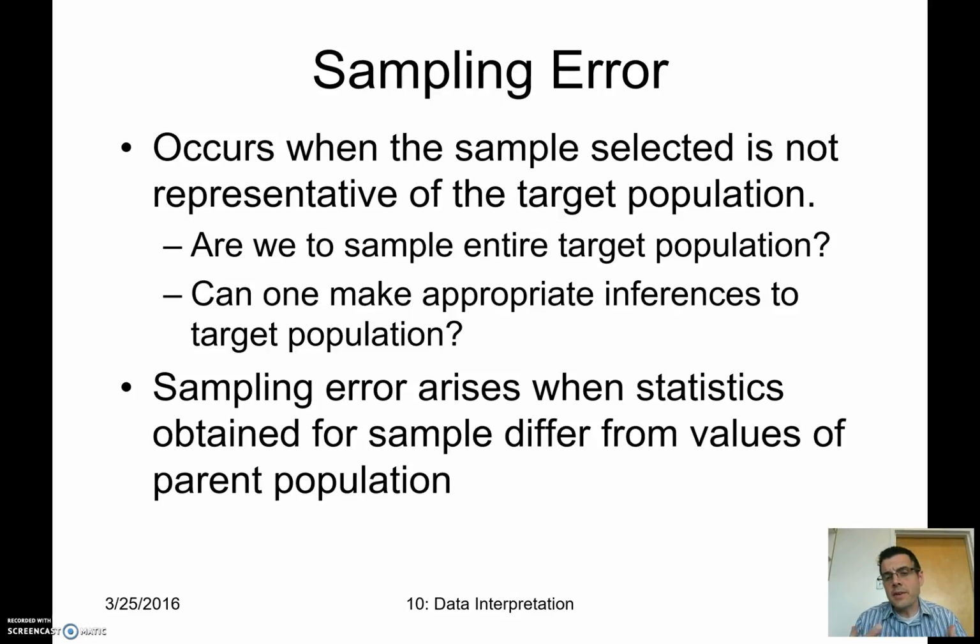Another way to relate this, and this happens in surveys, is that I could issue a survey to you public health students, health education students, nutrition students, and take the survey data. Would it then be appropriate to extrapolate those findings to all of Utah State University students? It may or may not be.